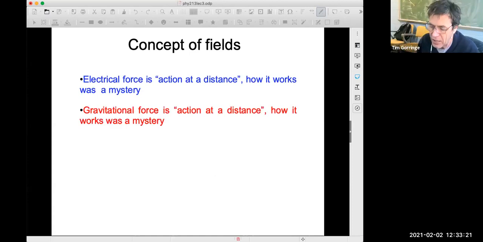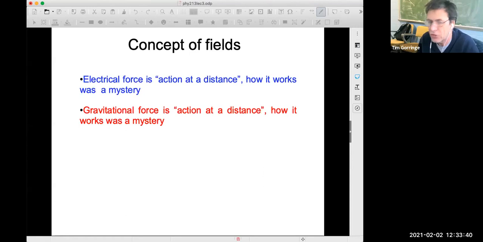It was actually like a mystery puzzle associated with the gravitational force. The gravitational force is a force between separated masses, and so that's also an action at a distance force.